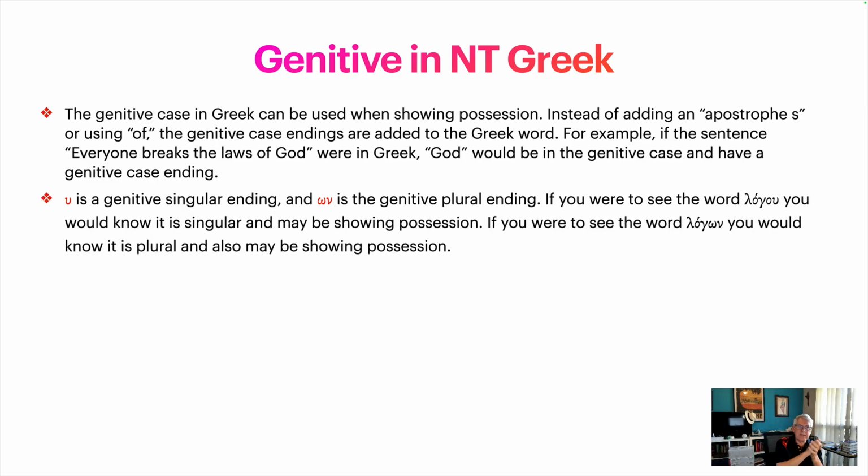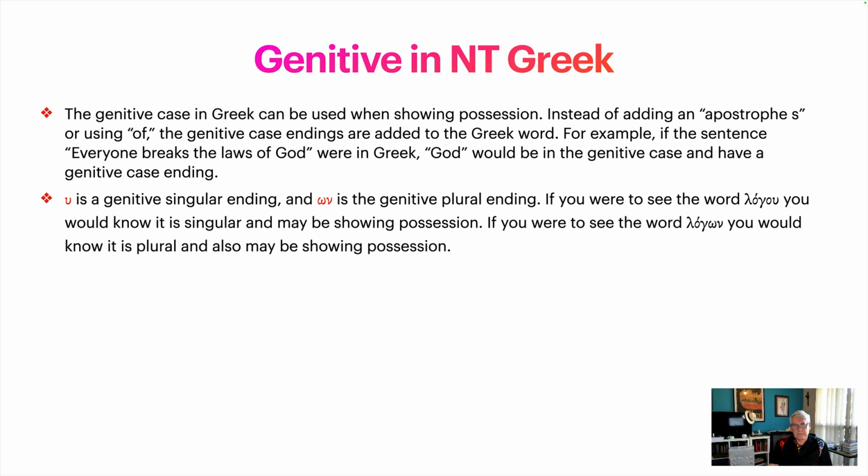The genitive case endings, as we've already seen, tend to feature the upsilon in the singular. There may be some other things going on there, but upsilon is a very common genitive singular ending. And of course, as we've seen, the genitive plural ending is simply omega nu.